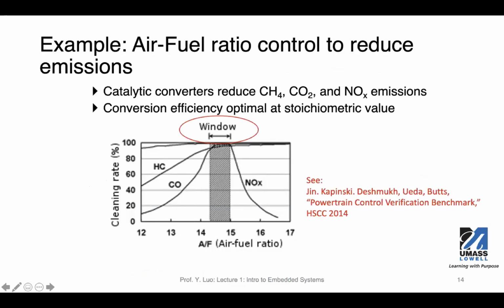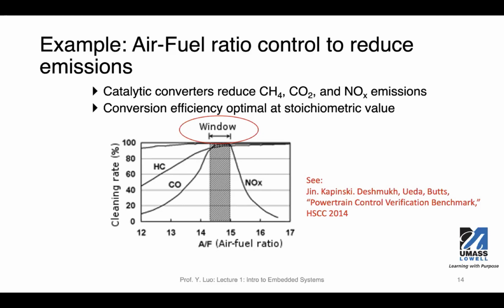The other example is also from cars. So as people designing cars, and especially designing high efficiency engines, we're talking about still the fuel engines, it's important to control the air-fuel ratio so that we can reach the optimal state for the purpose of reducing emissions.